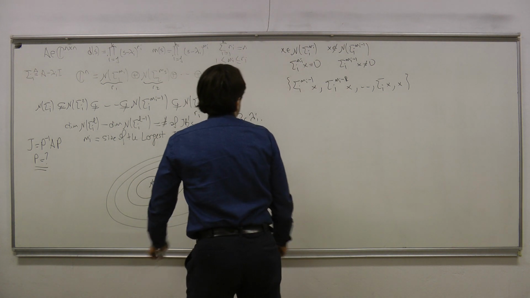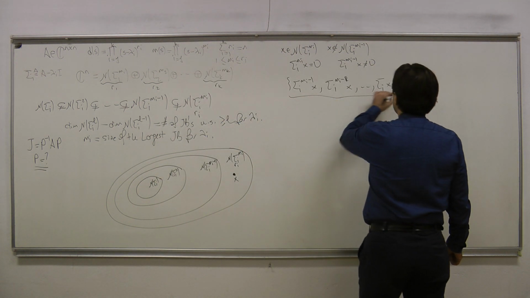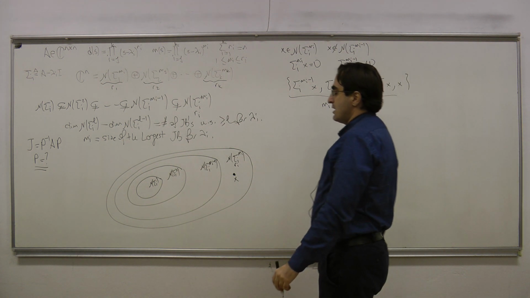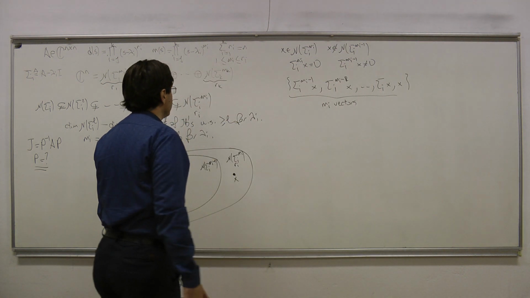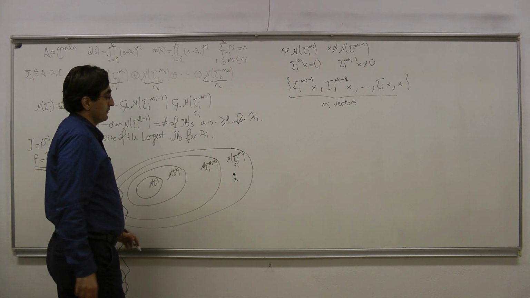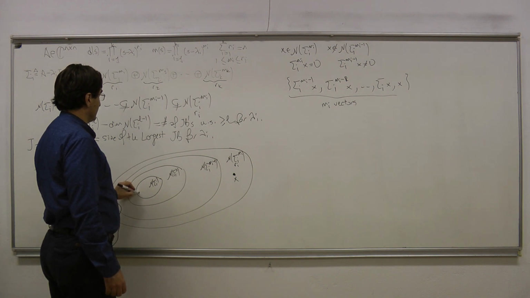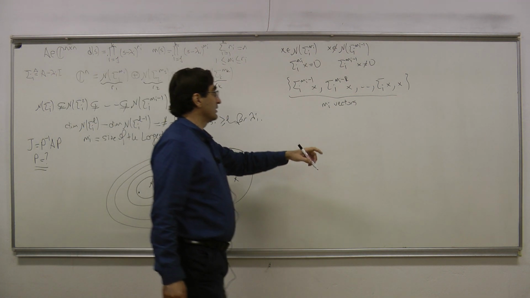How many vectors are there? We know that there are mi vectors here. And then we looked at where these vectors are living in the structure of null spaces. x is living here, and we have shown last time that the first vector is always an eigenvector.